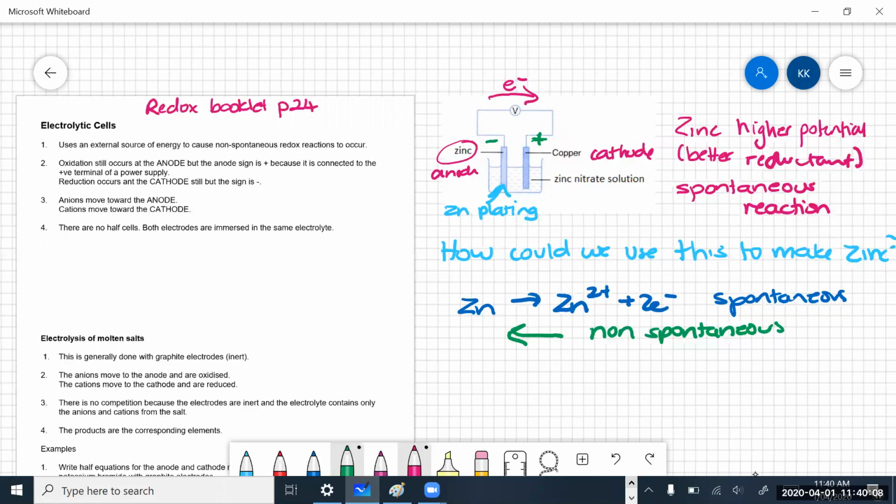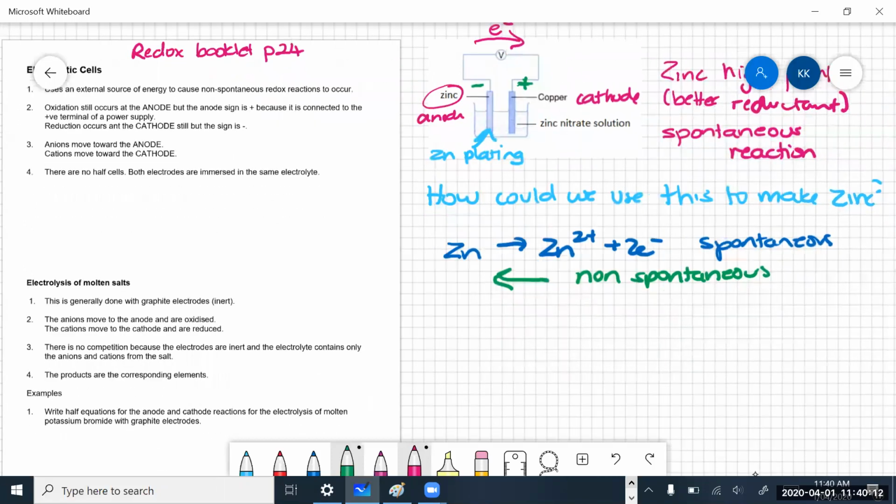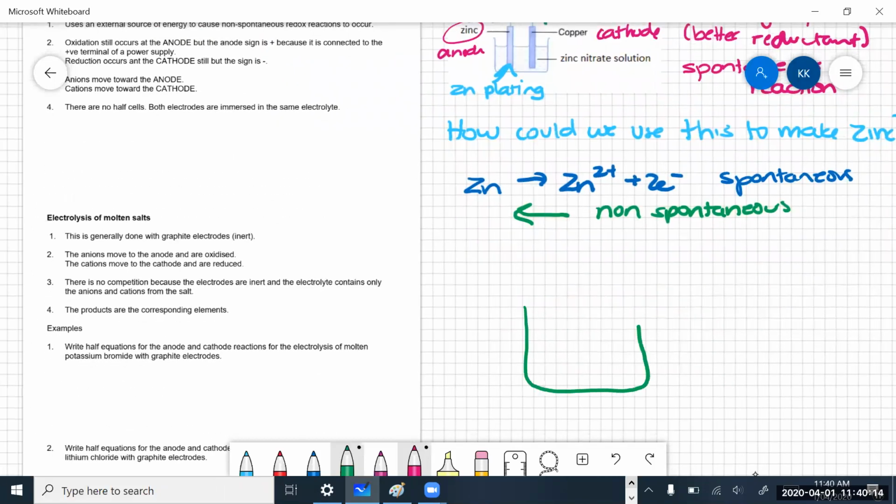Well, it's simple. Here we are with our zinc electrode, and our solution here has Zn2+ in it. To make the electrons go this way, we have to make this negative and this positive.